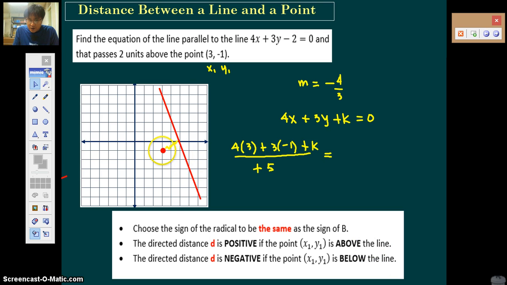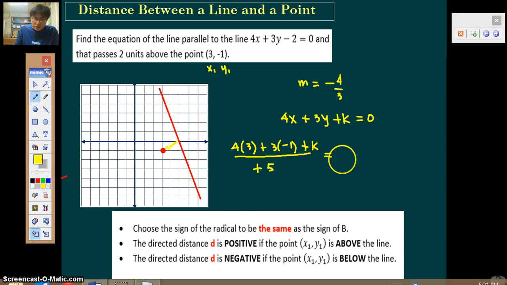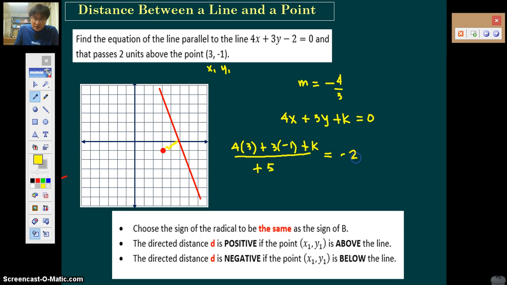Definitely, our point is below our line, because in the given problem, the line passes above the point, therefore the point is below the line. So we should equate this to negative 2, not 2, because of the directed distance sign.